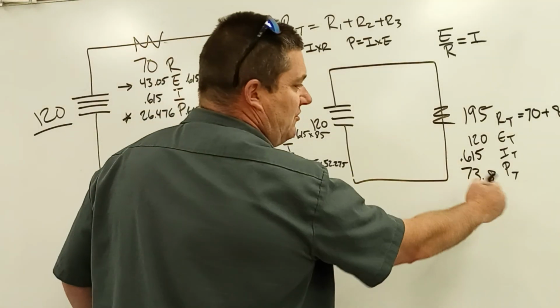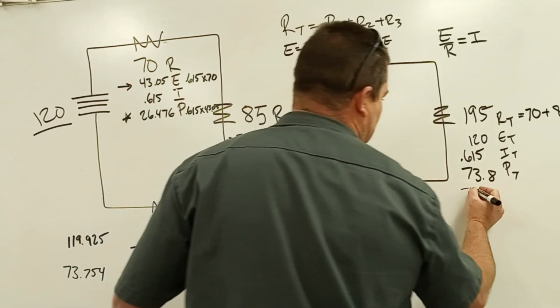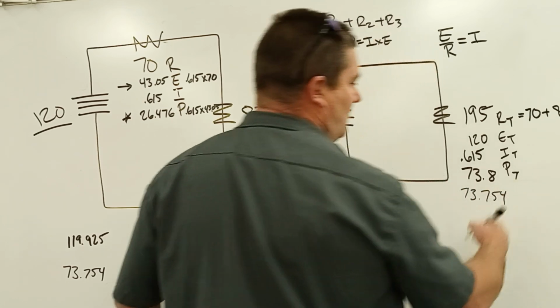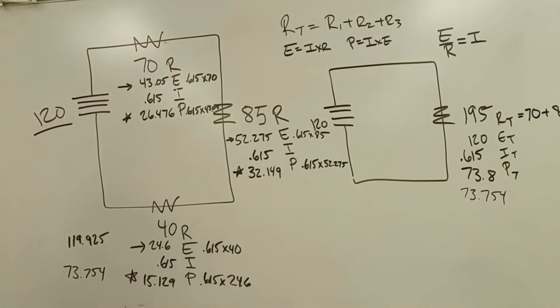And our total that we said was 73.8. We're off by 46 thousandths of 1 watt. Knowing that we're rounding it, I would feel very confident saying we got everything right on that particular math problem.